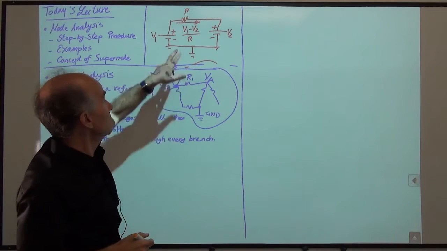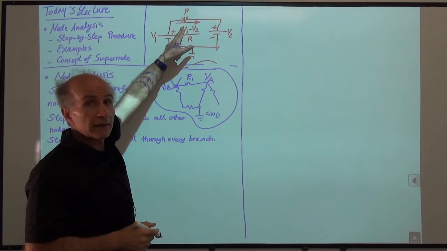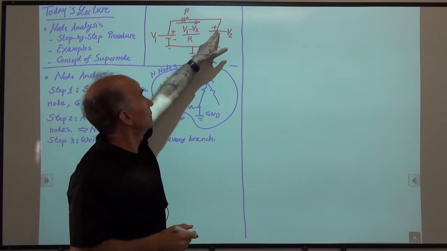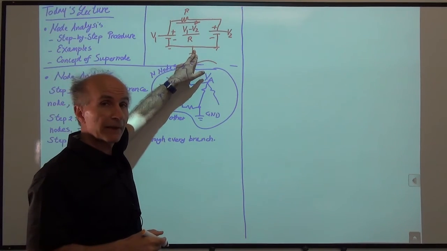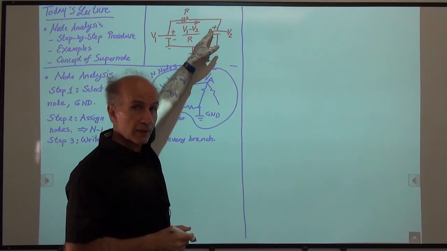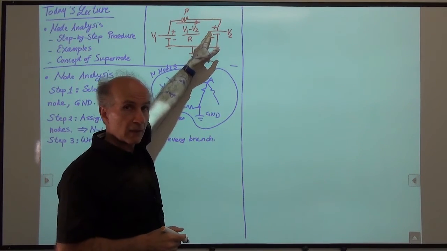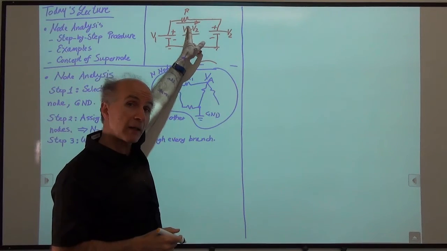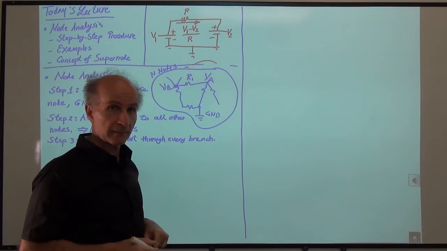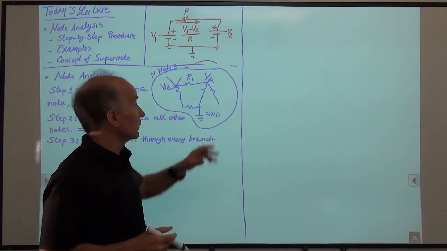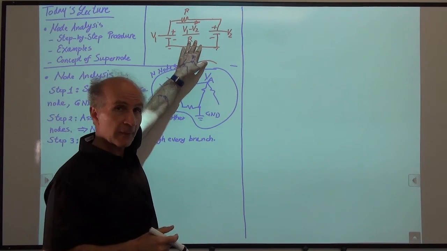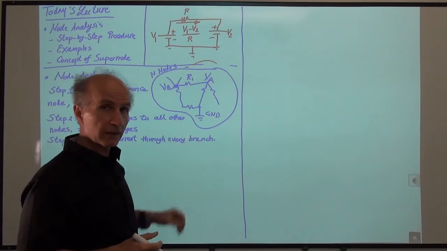We saw that if we have a resistor and it has a voltage of V1 on this side and a voltage of V2 on this side, then the current going from left to right through the resistor is equal to the voltage on the left minus the voltage on the right divided by the resistor value. All right, so we always have to remember this. We solved the circuit before, and that was the conclusion that we arrived at. So we're going to use that conclusion here.